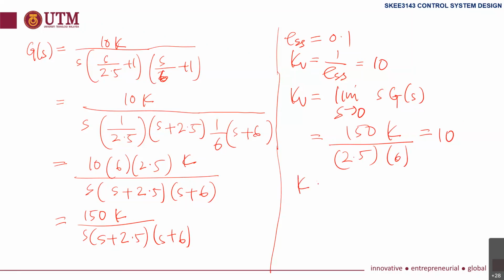And K here is 10 times 6 times 2.5 over 150, which is 1. So K equals 1. This is the K that we should use in order to initially plot the Bode plot.